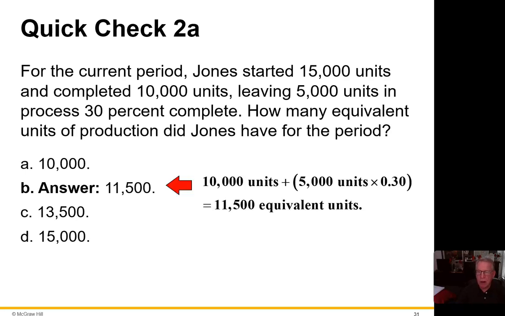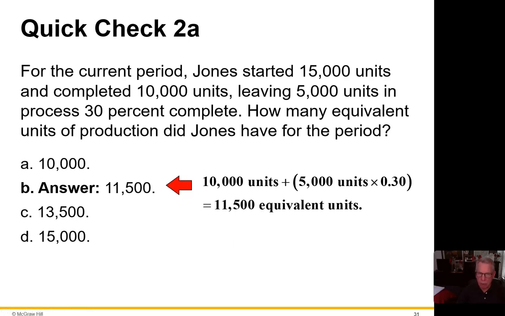We have the 10,000 units that are 100% complete and 5,000 units that are 30% complete. 5,000 times 30% gives you 1,500 units, and we'll add that to the 10,000 units to get 11,500 equivalent units.